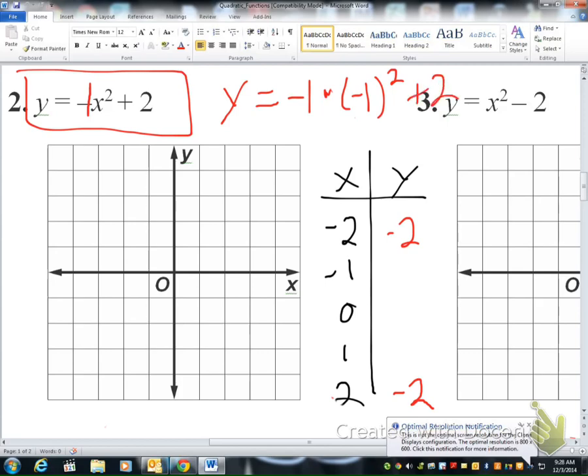Negative 1 times negative 1 squared plus 2. So again, I have to do exponents first. Negative 1 squared is 1. That times negative 1 is negative 1, and negative 1 plus 2 is positive 1, right? So this value should be positive 1, which means this value will also be positive 1.